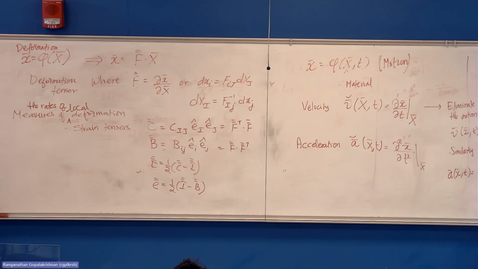This is from the idea of material derivative, which we went through last lecture, where L is a spatial tensor, which is the derivative of v with respect to x. So you can write this as partial v_i over partial x_j, e_i e_j.